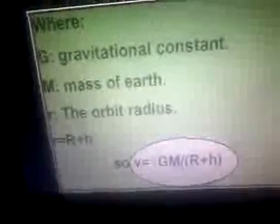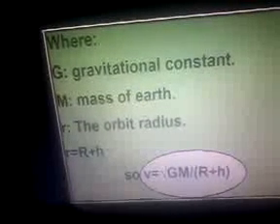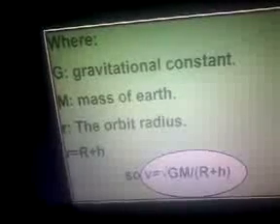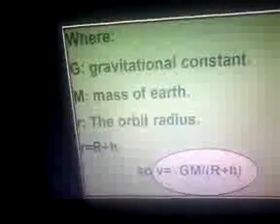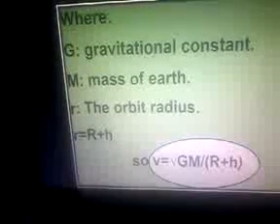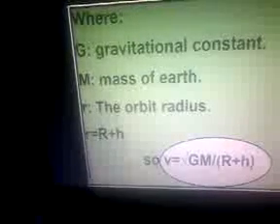where G is the gravitational constant, which equals 6.67 times 10^-11 m^2 kg^-1 s^-2. M is the mass of Earth or the mass of the planet. r is the orbit radius, which equals the summation of the radius of the planet and the height of the satellite.